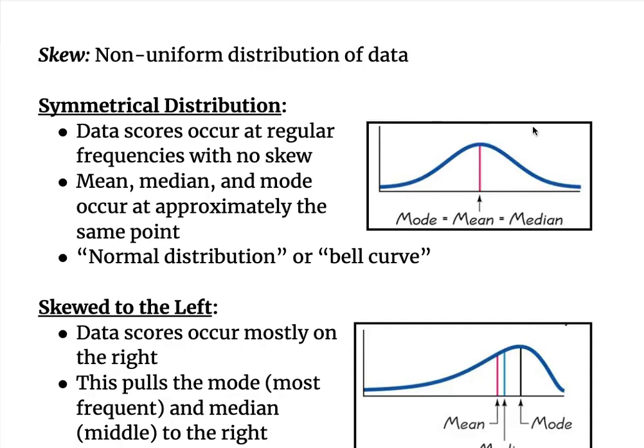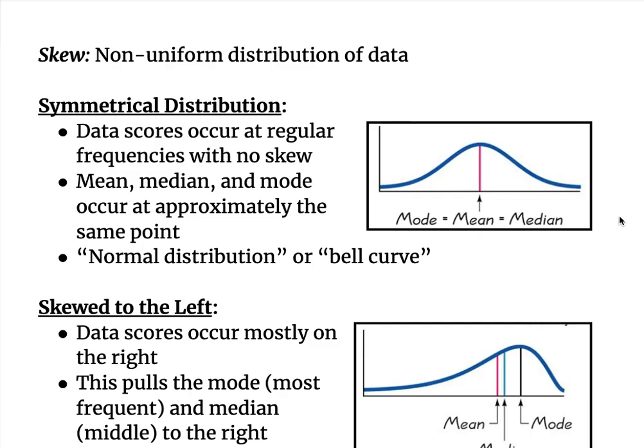But most people are in the middle. This is what we call symmetrical distribution because that's what normally happens. We also call it a normal distribution, because normally most people will clump together in the middle, the average, and then you have some exceptional people above and below.